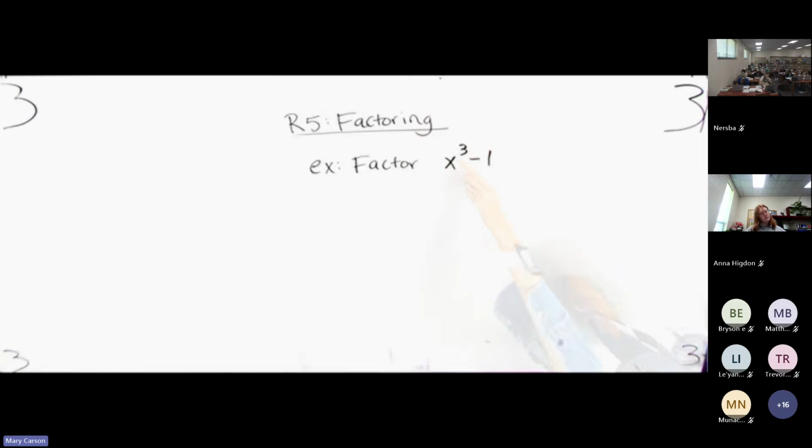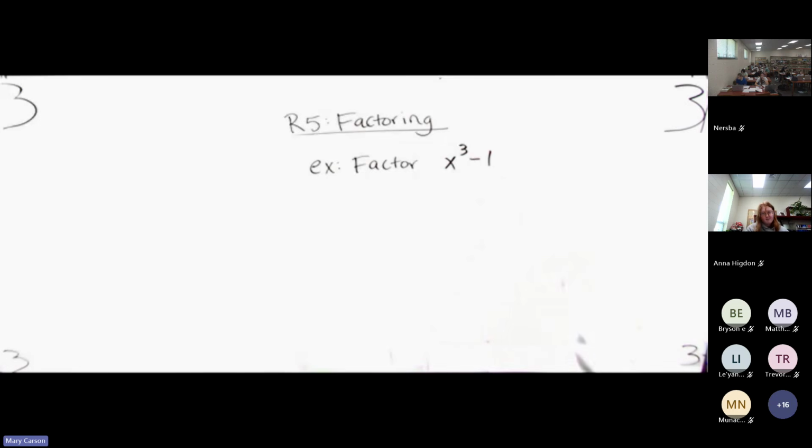There is a cube up here, there's a minus here, and then you have to look at this number. Is that a cube? Meaning, are there three numbers that are the same that can multiply to give you that number? What do you guys think? If you took the cube root of this, it would give you x, right? And Anna's correct. 1 times 1 times 1 would still give you 1, correct?